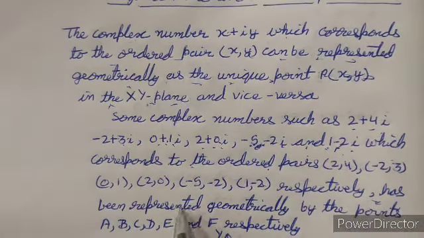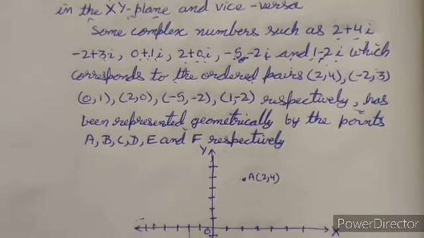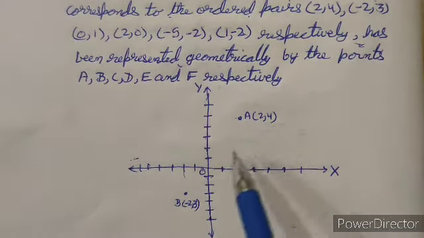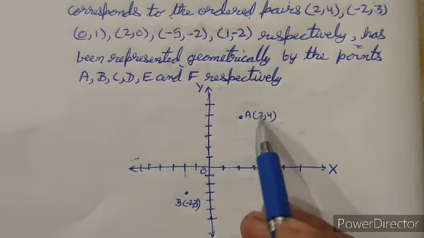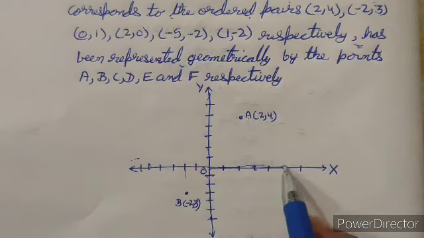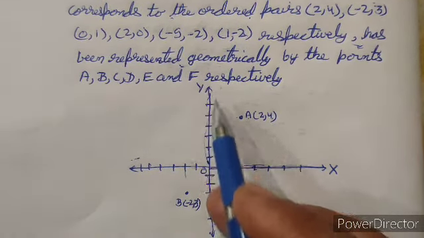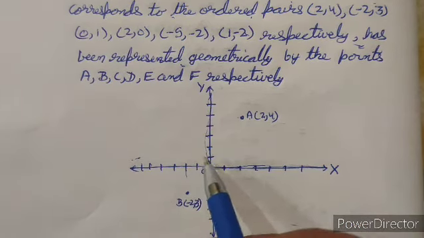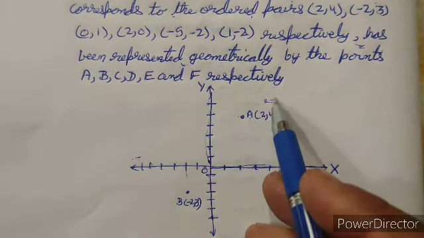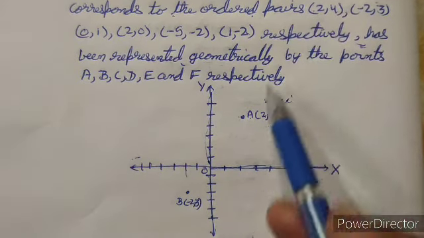respectively, and they have been represented here to understand it. Here the first was A, that was (2, 4). Now the real part will be represented on the x-axis and the imaginary part on the y-axis. So the first number was 2 plus 4i, so it will be represented as (2, 4).